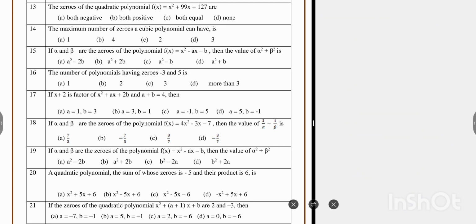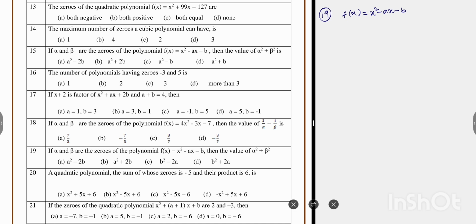Now let's see the next question, question number 19. In question number 19, alpha and beta are the zeros of the polynomial. Again, f of x is given. F of x is equal to x square minus ax minus b. We have to find alpha square plus beta square.